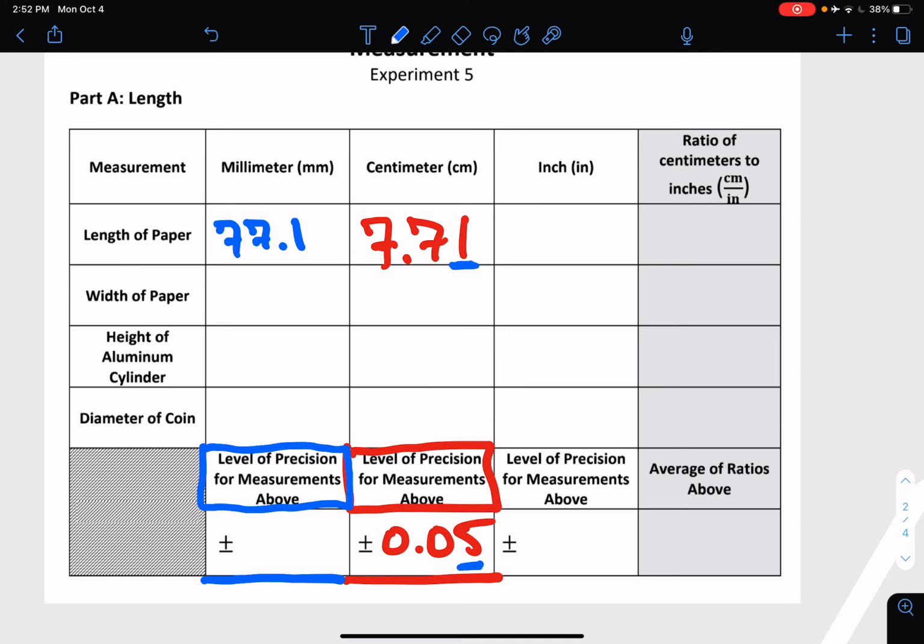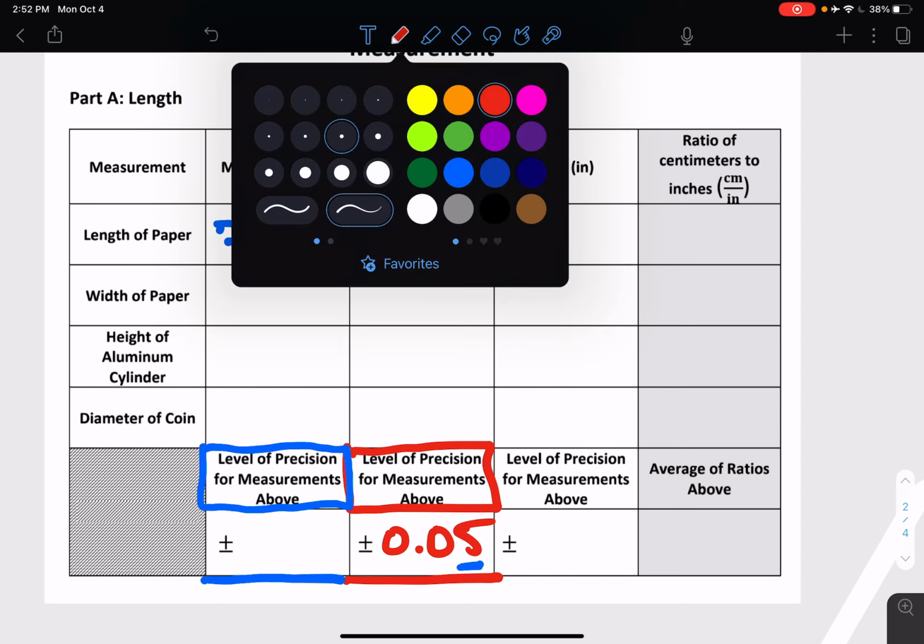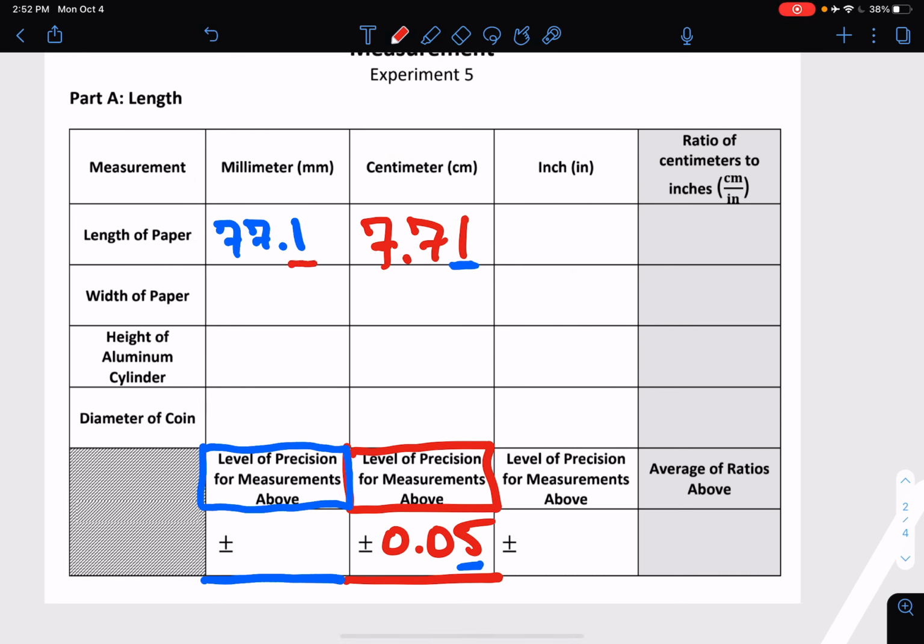What I want you guys to notice is with millimeters, our guess is in the tenths column. So where should your level of precision for your measurements or your uncertainty go down here? It should go to this column right here, because those should correspond.